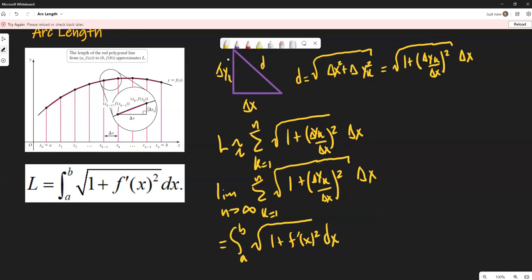Now, you may wonder how we went from delta y k over delta x to the derivative. Well, in Cal 1, you learn that if you take delta x to 0 for delta y over delta x, that gives you the derivative function at some value x.